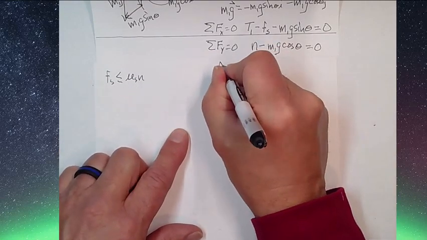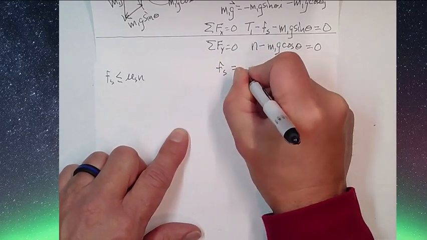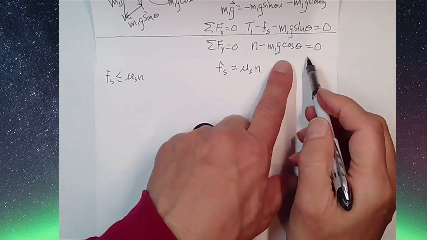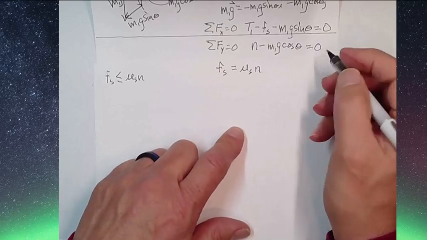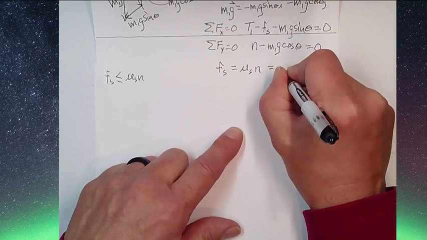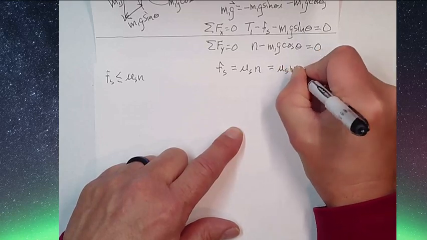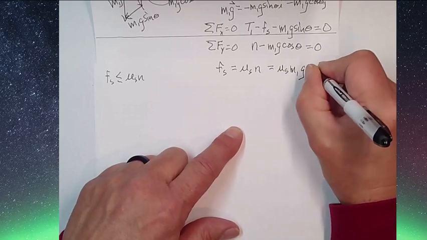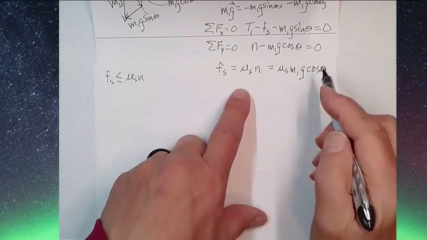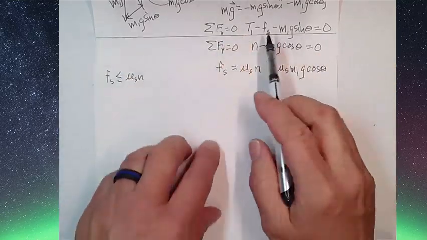So F sub s equals mu sub s times N, and N is equal to m1g cosine theta. And so you could just continue that and say mu sub s m1g cosine theta.